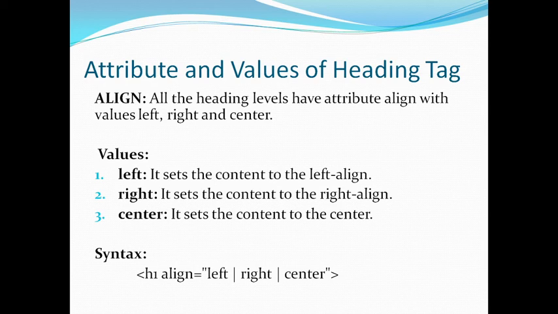Right sets the content to the right align, that is the right hand side. Center sets the content to the center, right? So your default alignment for headings is left. Other than that, the two values are right and center.